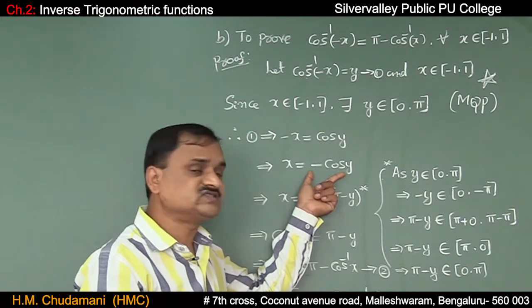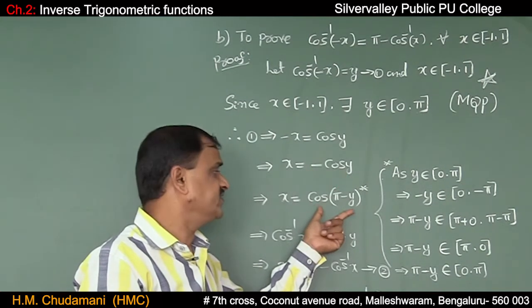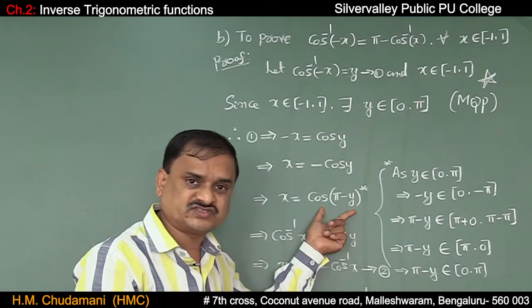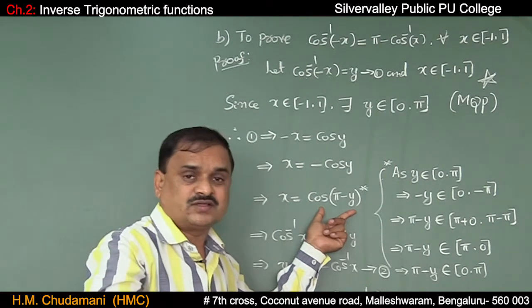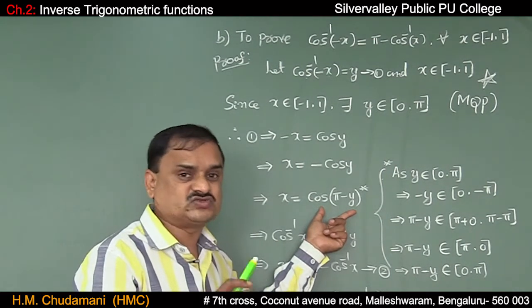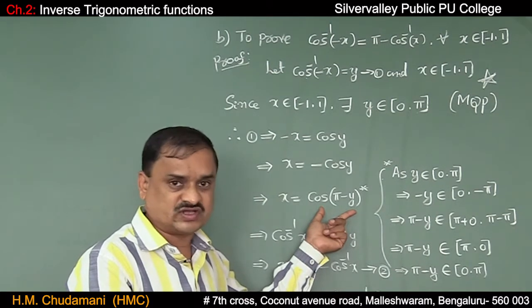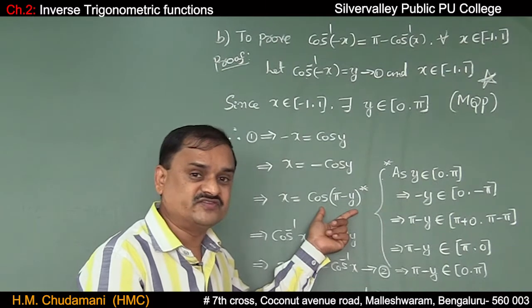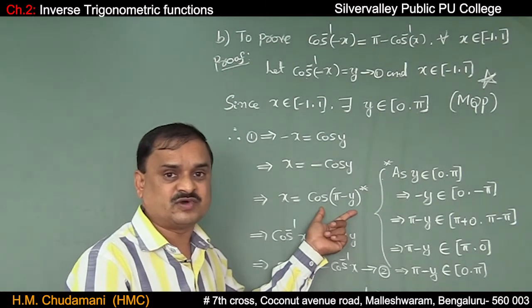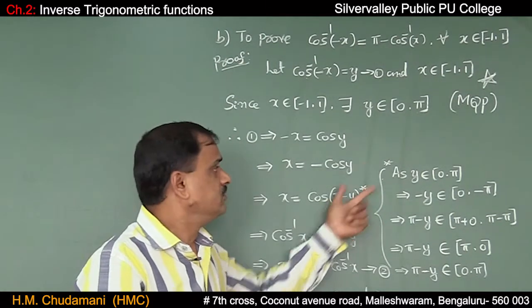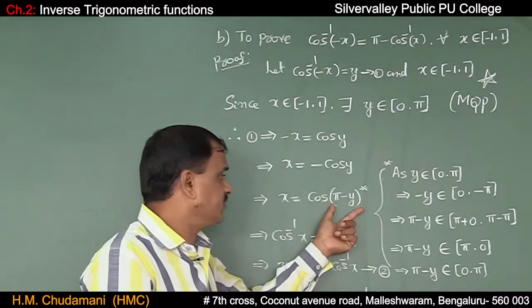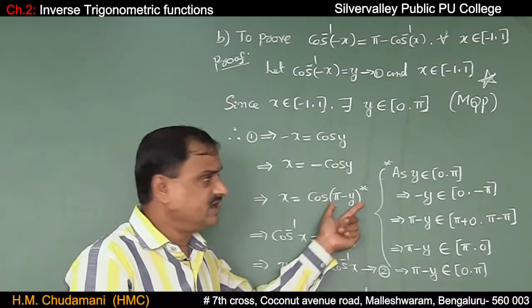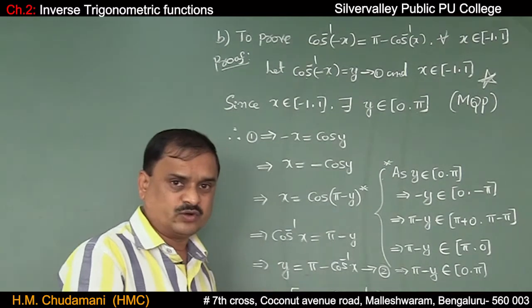So minus cos y can be written as cos of pi minus y. Of course, you could have asked, cos of pi plus y is also minus cos y, even in the third quadrant. But pi plus y is not within the principal branch, so it is not between 0 and pi. If you write pi minus y, it is between the interval 0 comma pi.